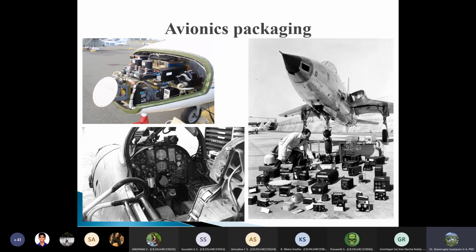So that advantage has to be primarily demonstrated in terms of various performance metrics. One of them is the actual size, weight, power, and cost criterion, SWAPC. Okay, in addition to that, it also has to demonstrate various other metrics, and we'll be looking at that as a separate discussion phase as part of this course.